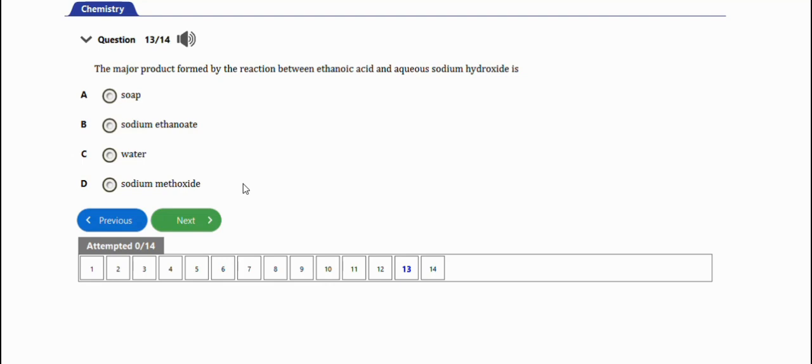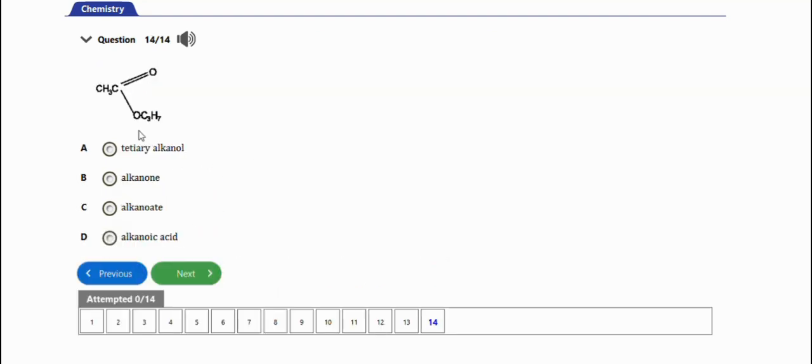Then the last question I have before I end this video says we should identify this structure. So this is basically an alkanoate. When you rearrange this structure we have here, you're going to see that it's an alkanoate. So option C is the right answer to this question.